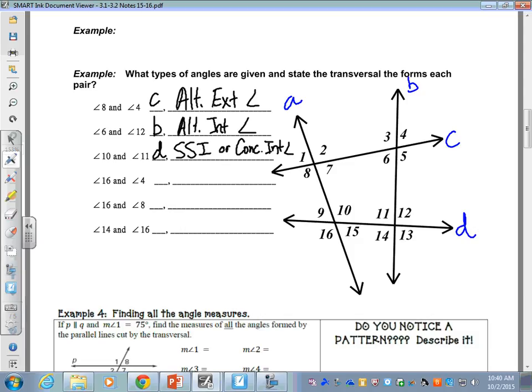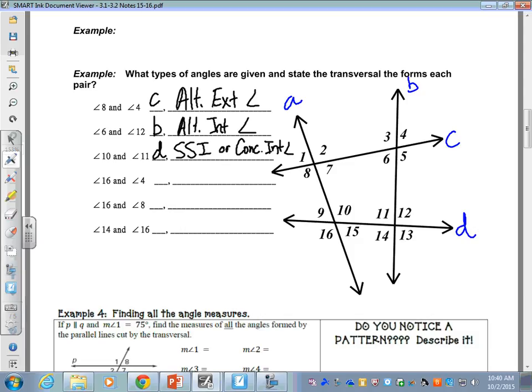No, 11 and 10. No, he's talking about 6 and 12. Yeah, 6 and 12 are interior of C and B. That's why it's important to know which one is the transversal. Because B, C, and D, they're in between C and B.